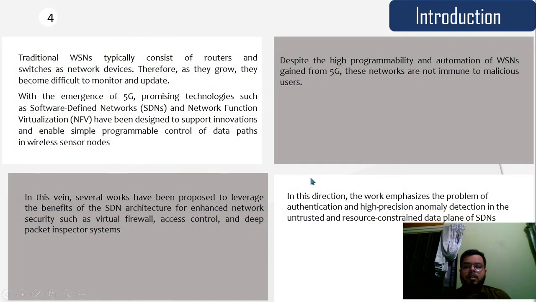Here is the introduction. Traditional WSNs, or wireless sensor networks, typically consist of routers and switches as network devices. Therefore, as they grow, they become difficult to monitor and update. With the emergence of 5G all over the world, promising technologies such as software-defined networks (SDNs) and network function virtualization (NFV) have been designed to support innovation and enable simple, programmable control of data paths in wireless sensor nodes.